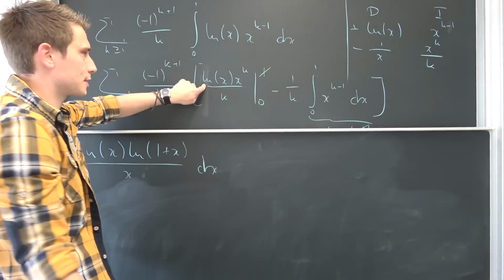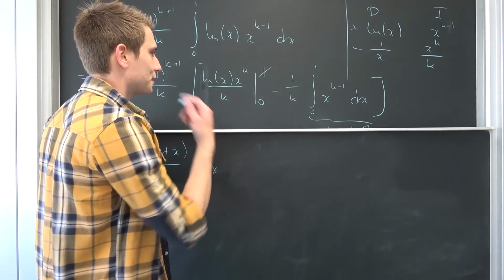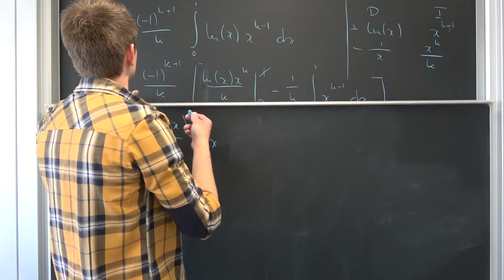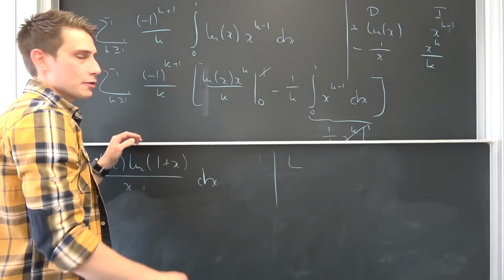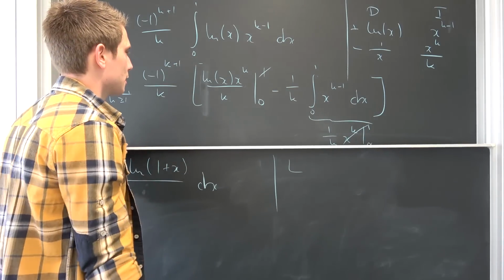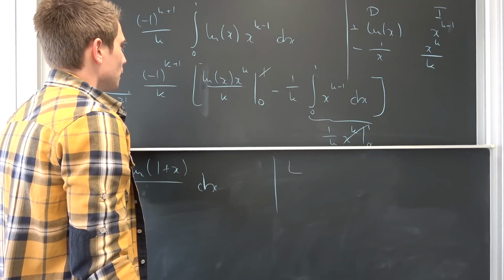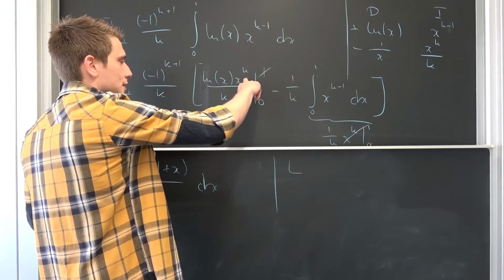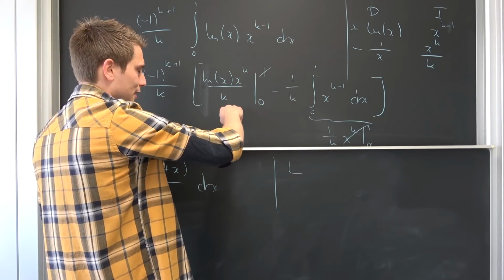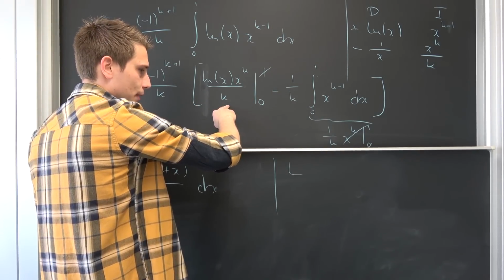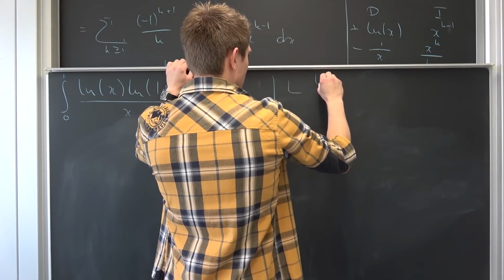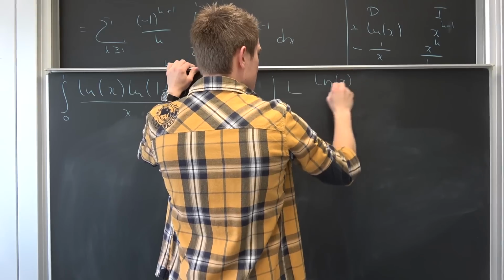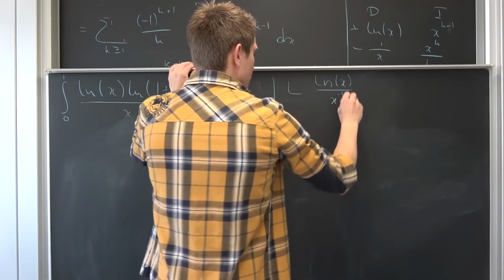I'm going to denote this limit by capital L then. We have to turn this into a fraction, otherwise we can't use L'Hopital. I guess it's easier to put this x to the kth power in the denominator, making it 1 over x to the kth power, so x to the negative kth power. So the limit as x approaches 0 of natural log of x over x to the negative kth power.